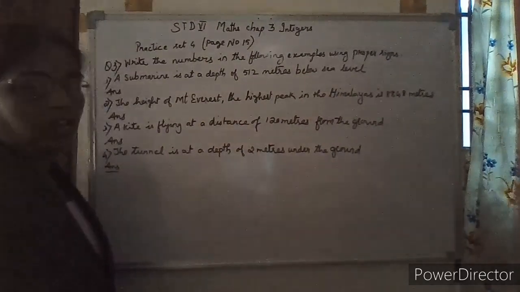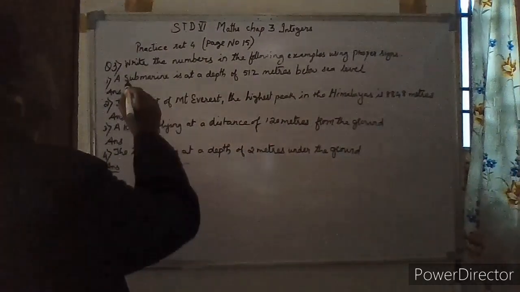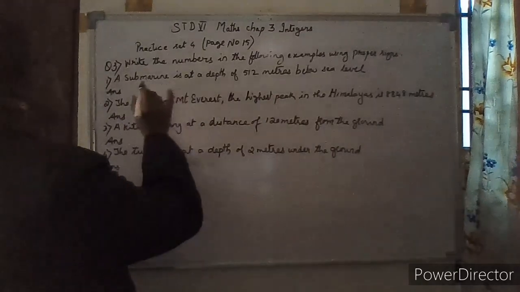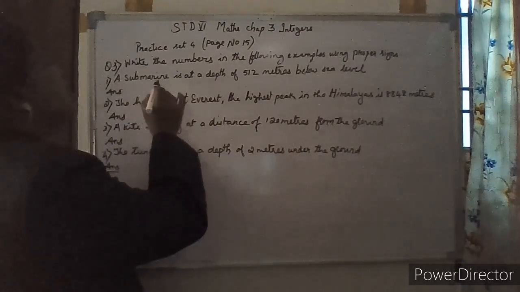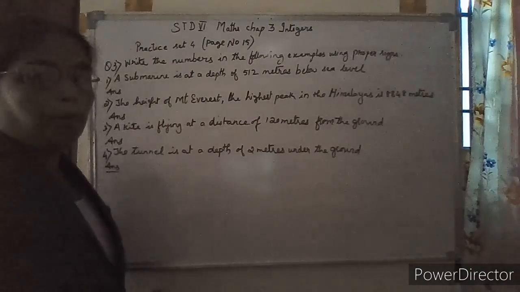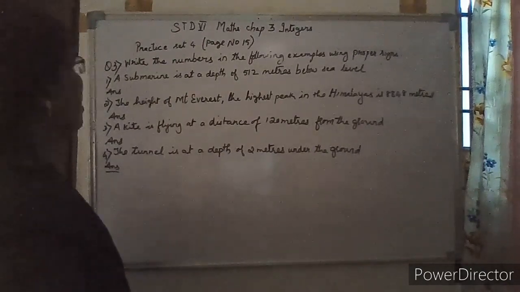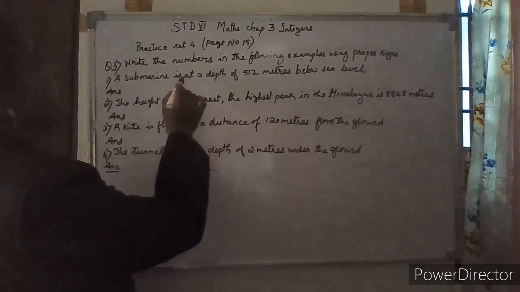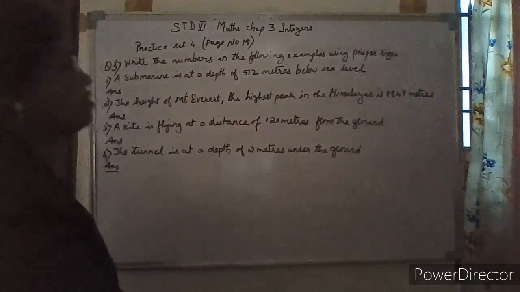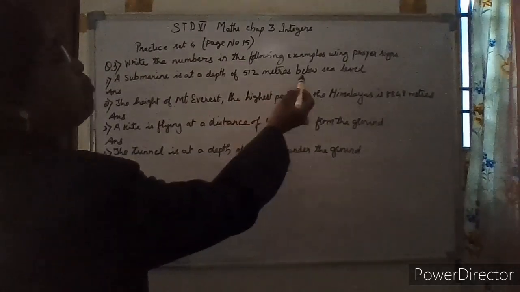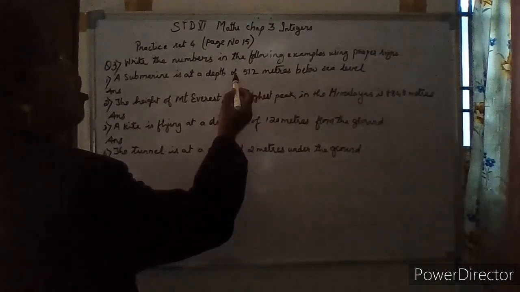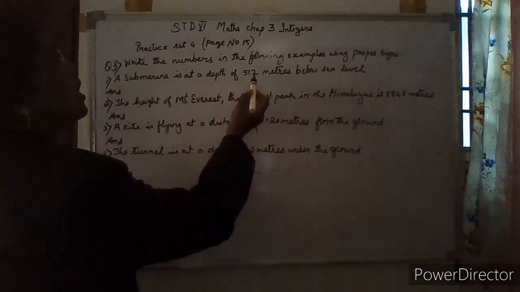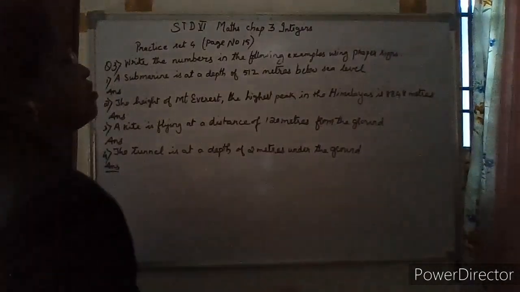A submarine is a type of ship which runs below the water. So, a submarine is at a depth, deep inside the water, 512 meters below sea level.